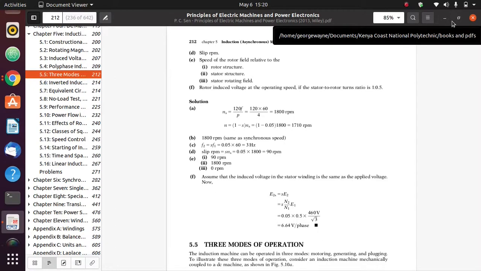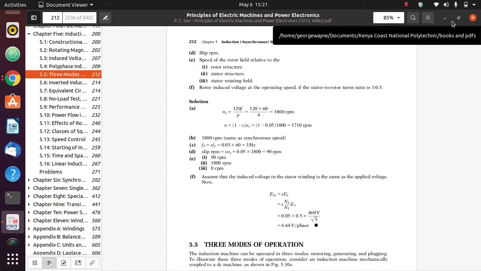So slip times this ratio times the stator voltage E1. This will give you the induced voltage in the rotor, which is 11.5 volts. This is for the three phases.